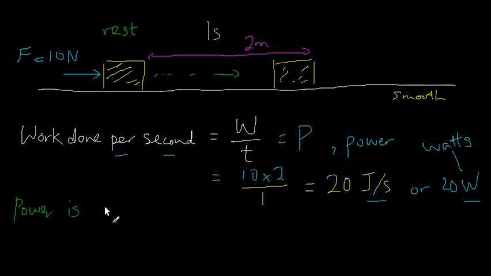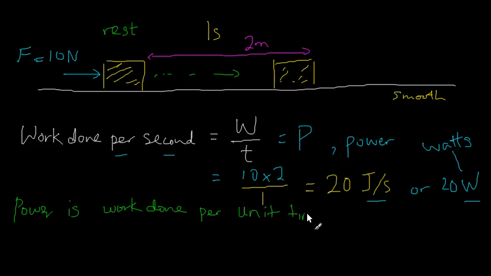We can say there are a few ways to do this. Actually, there's three ways, right? Let's do that one by one. Power is the work done per, now instead of second, I would just say per unit time.